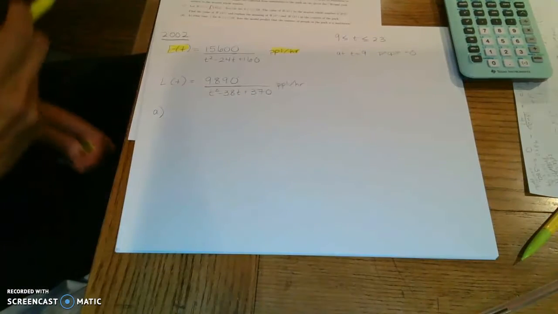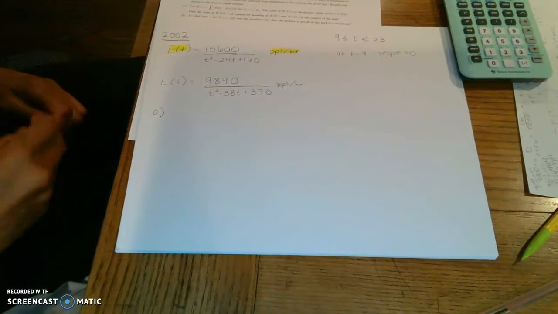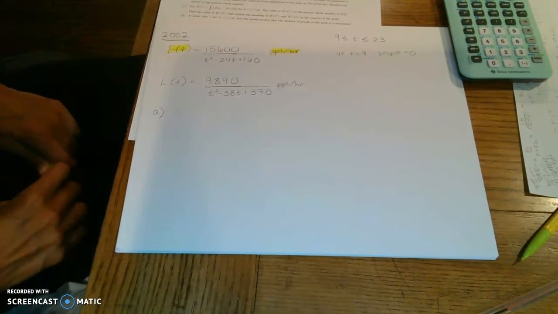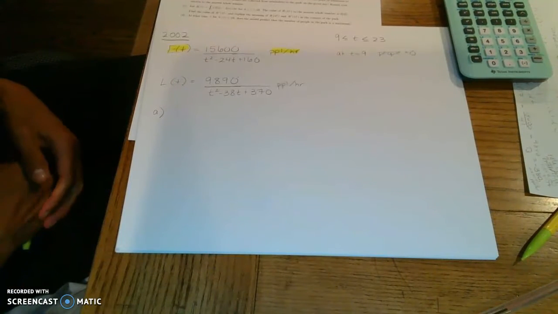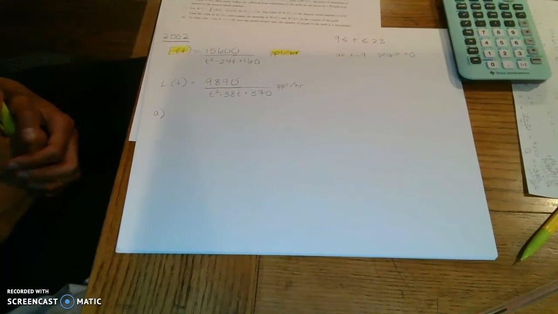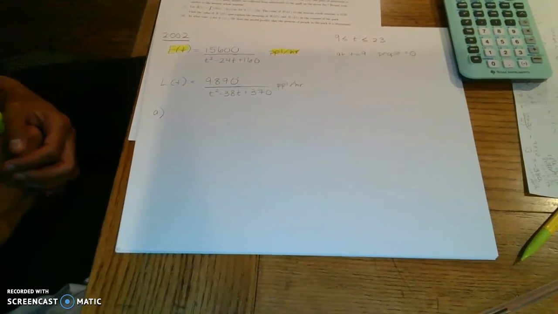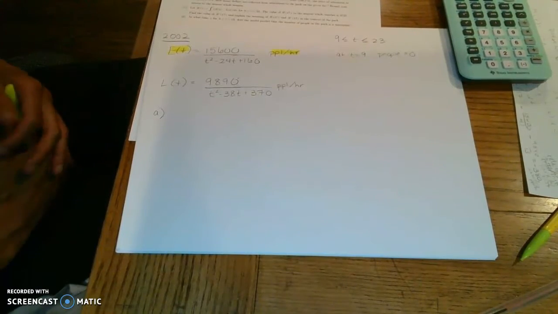Basically what you want to see is what these two equations are representing. E of t is representing the people that enter the amusement park, and the rate at which people leave, the same day, is L of t.